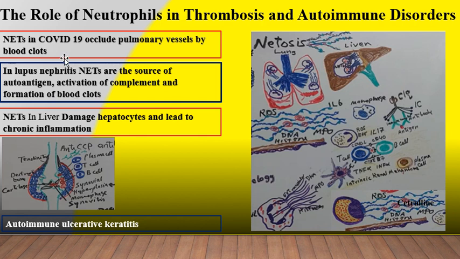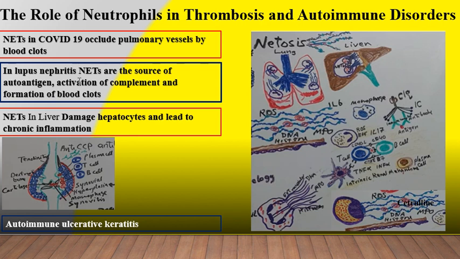For example, in case of COVID-19, NETs, or neutrophil extracellular traps, as can be seen here, occlude pulmonary vessels by blood clots and lead to a complication in COVID-19.